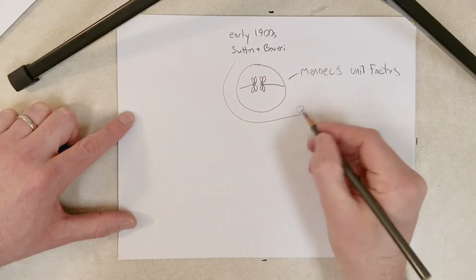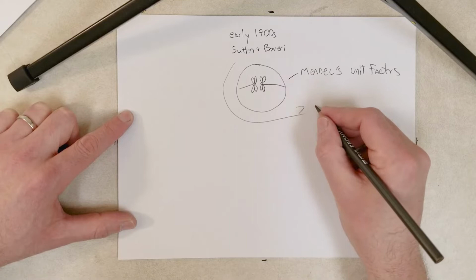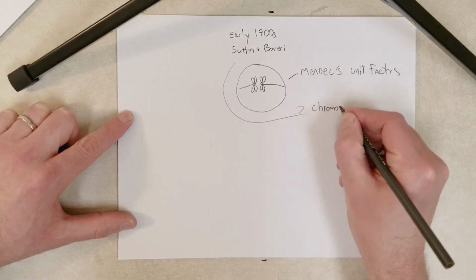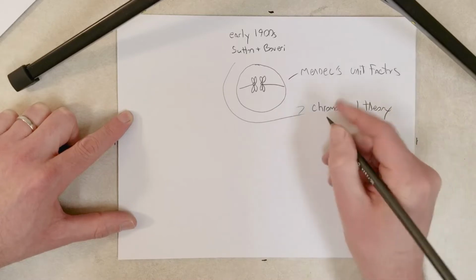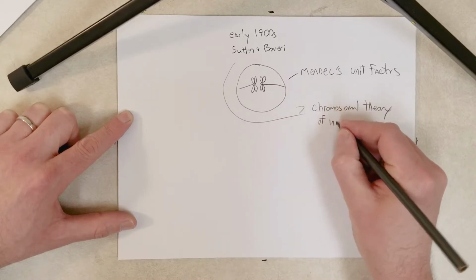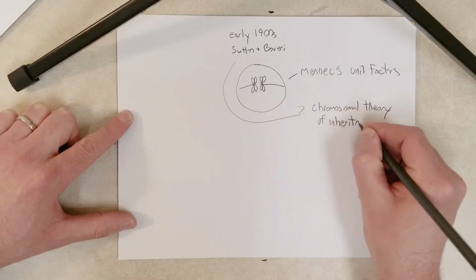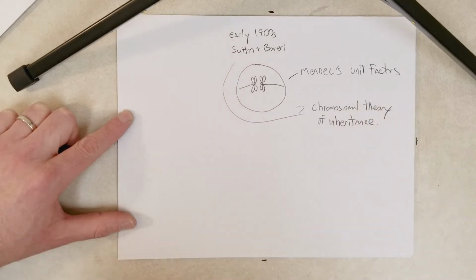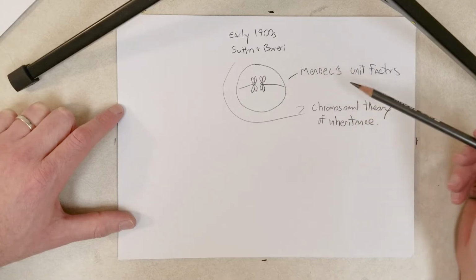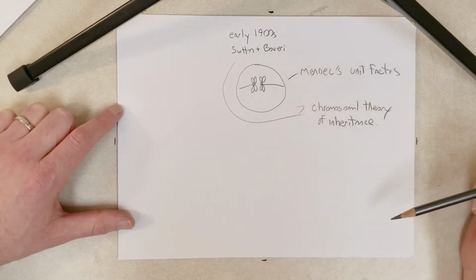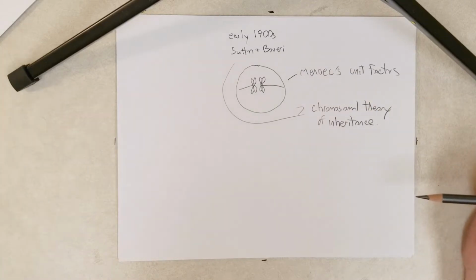So Sutton and Boveri came up with the chromosomal theory of inheritance, which essentially proposes that Mendel's unit factors are the chromosomes, or chromosomes are Mendel's unit factors.